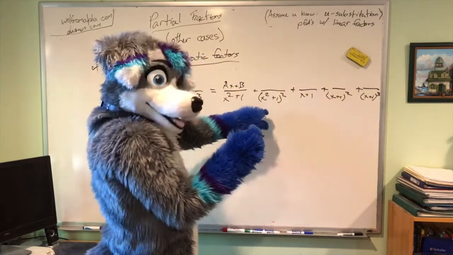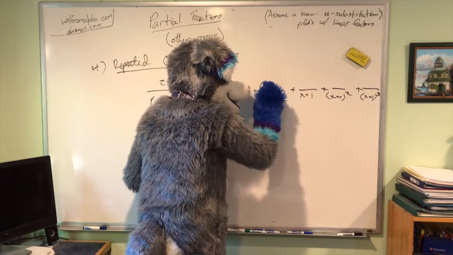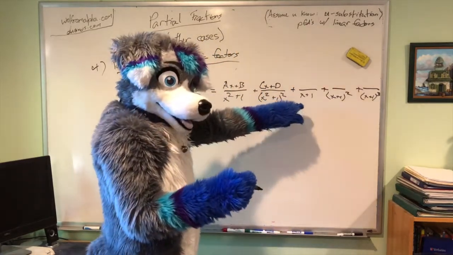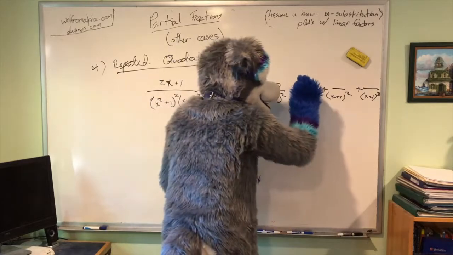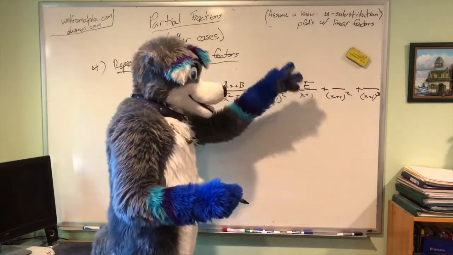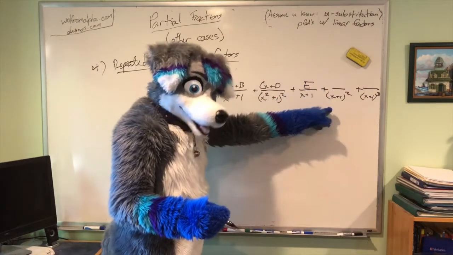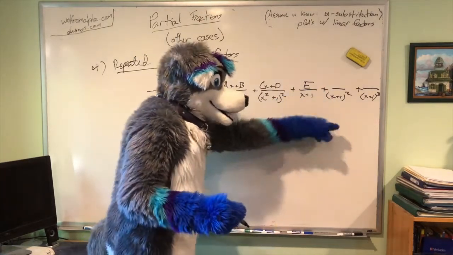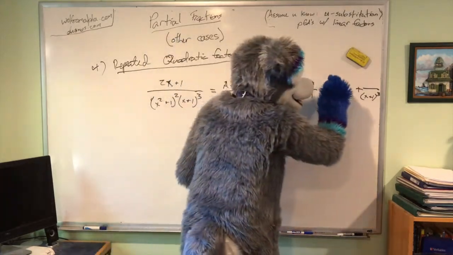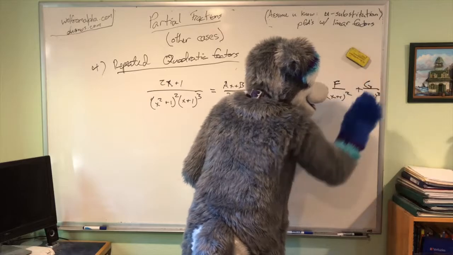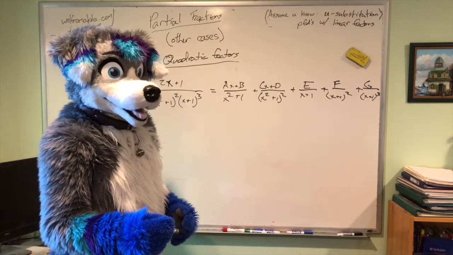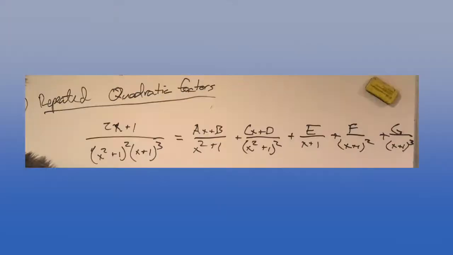We have another quadratic, so we'll do a cx plus d. This is linear now, so this is just going to be one letter, one number. We have another linear thing, and then we have one more. And then you do a whole bunch of algebra mess. You can just go ahead and have fun with that.